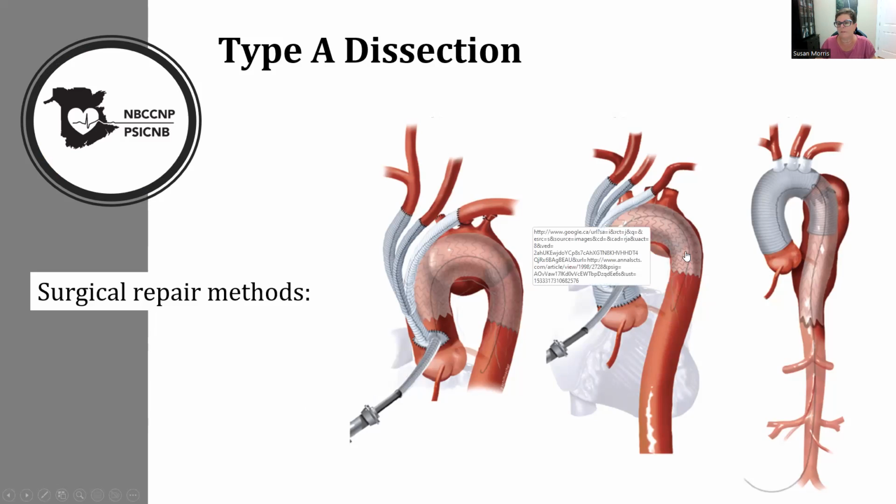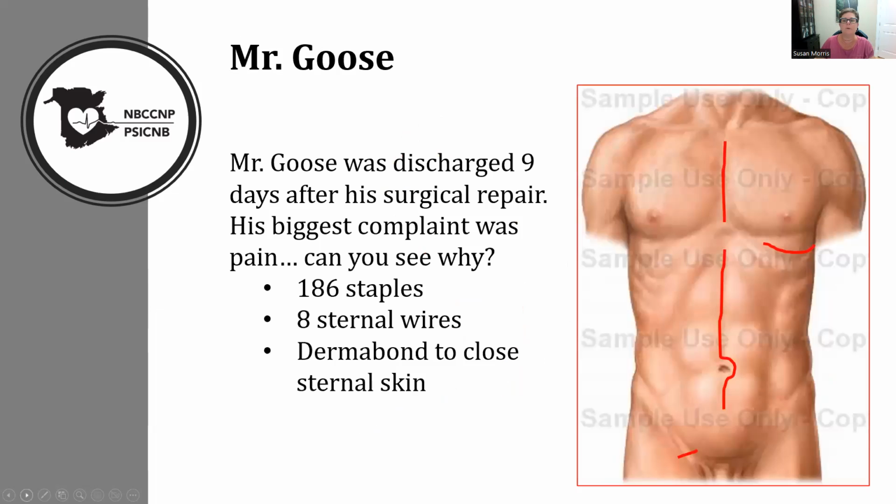And so this guy had a graft all the way down. They even did his femoral and his popliteal. And he actually did really well. Thank goodness he was 33 years old. But does Mr. Goose have reason to have post-op pain?